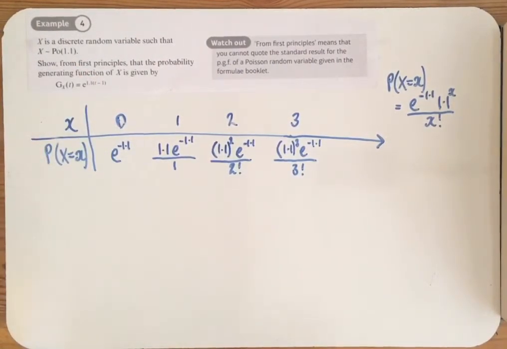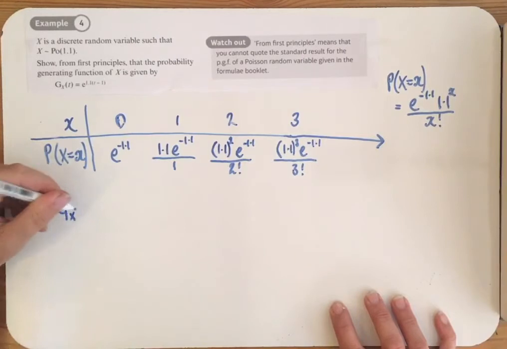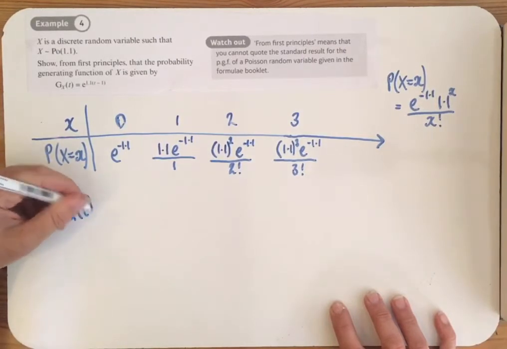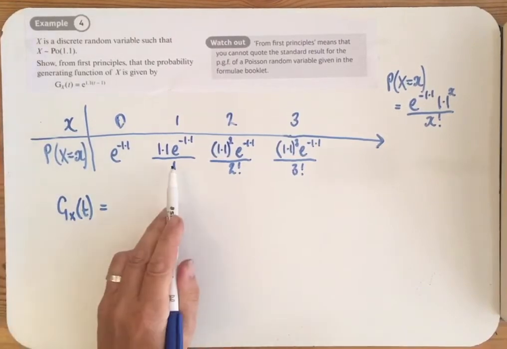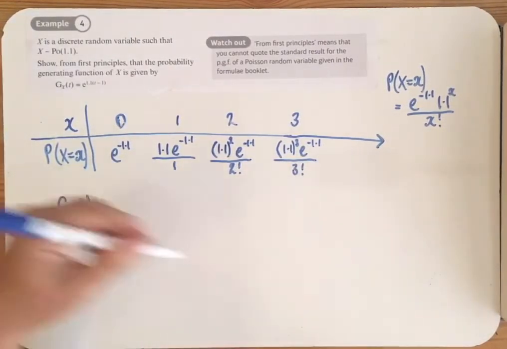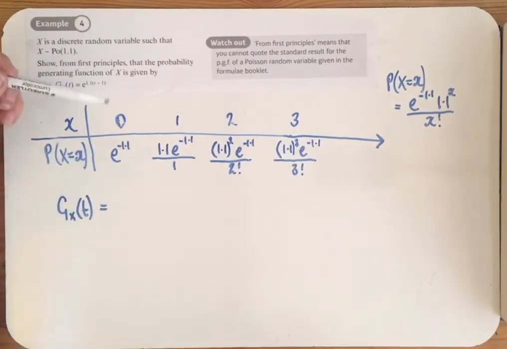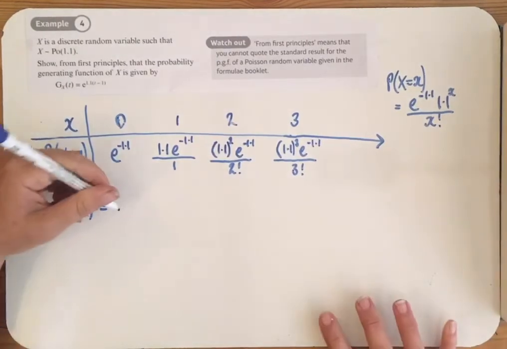And so creating the probability generating function G_X(t) for this Poisson distribution. I need to add a t in here, a t squared here, t cubed here, etc. And I need to, well, I don't need to, but I'm going to pull out this e to the negative 1.1, which is running right through.